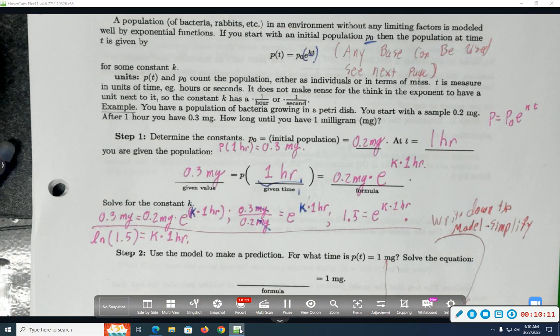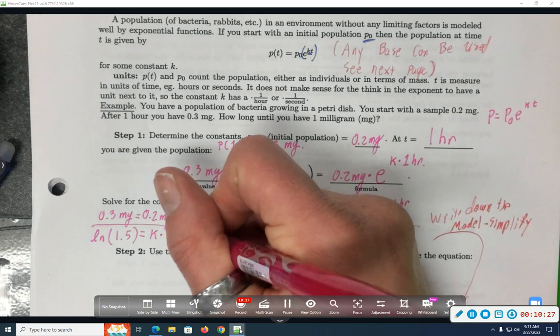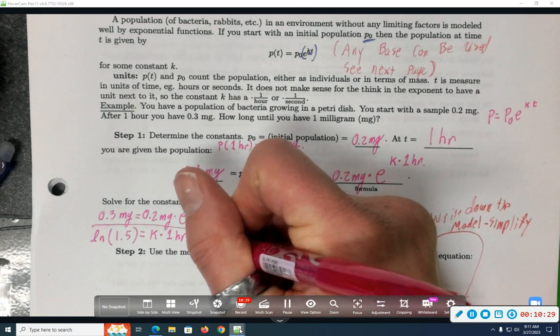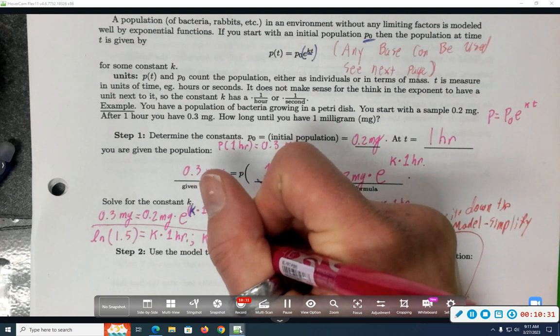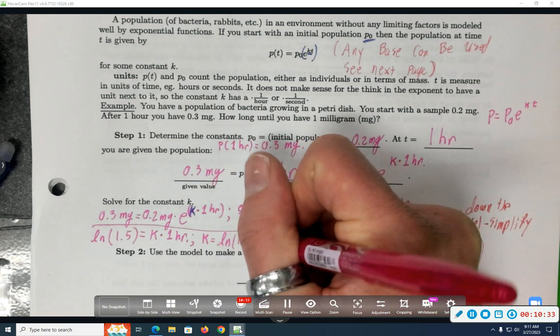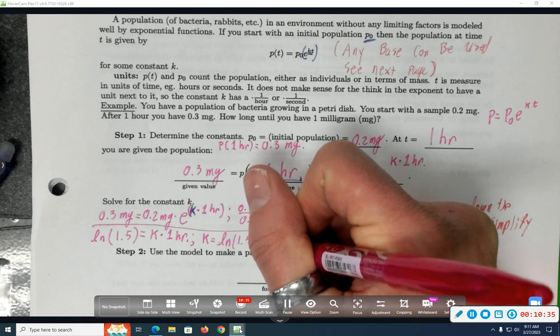All right, so what's K? That just gives you ln 1.5. If you don't include any units, then sure. If you include the units, then it'll be ln of 1.5 per hour.